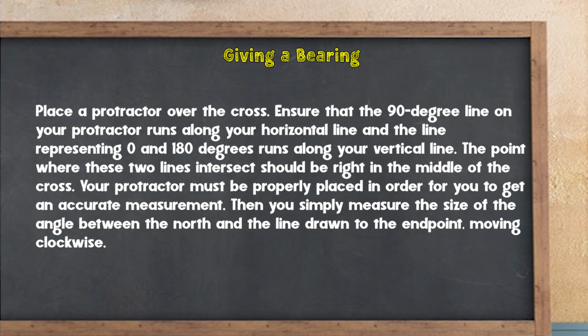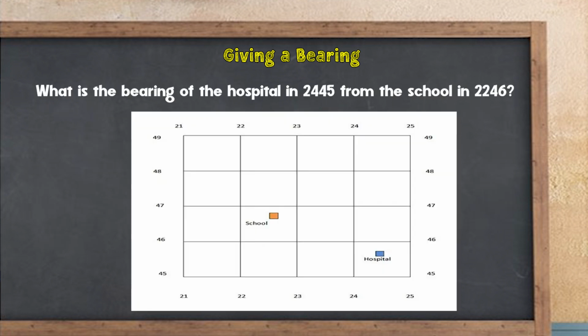Your protractor must be properly placed in order for you to get an accurate measurement. Then, you simply measure the size of the angle between north and the line drawn to the end point, moving clockwise. Let's have a look at this example on screen.